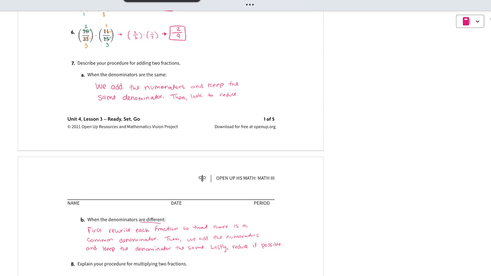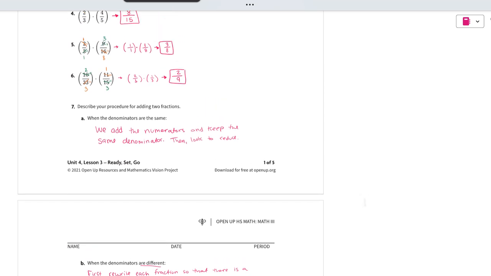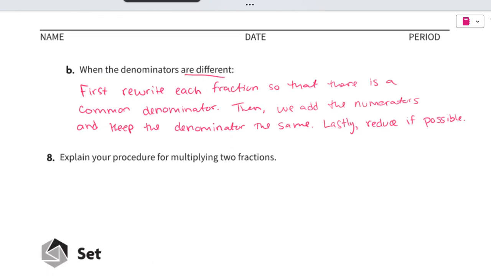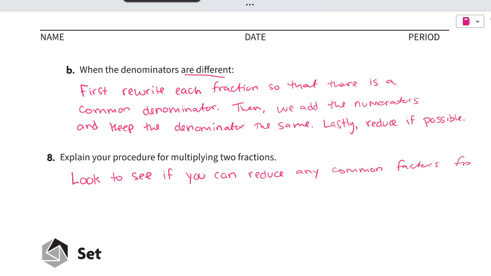Okay, let's move on to question 8. It says, explain your procedure for multiplying two fractions. So this one, there's a lot of different ways you could write it. What I like to do is look to see if you can reduce any common factors from the numerator and the denominator.